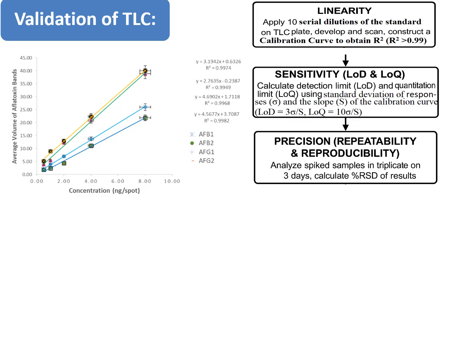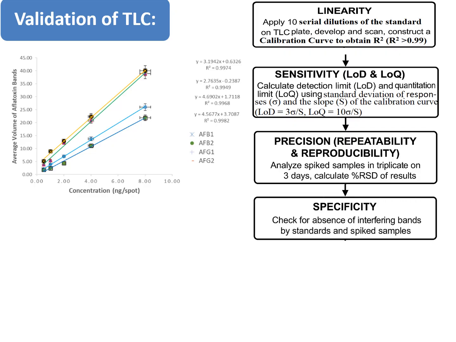Now, the next parameter that is assessed during validation process of a method is to measure the specificity of the method.